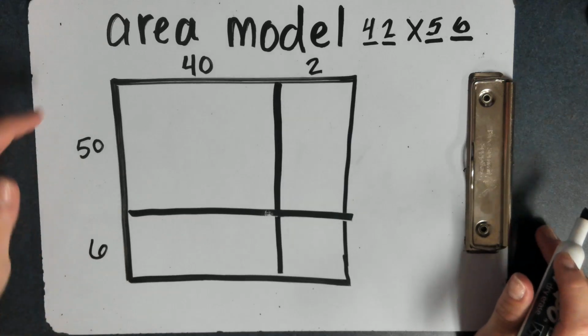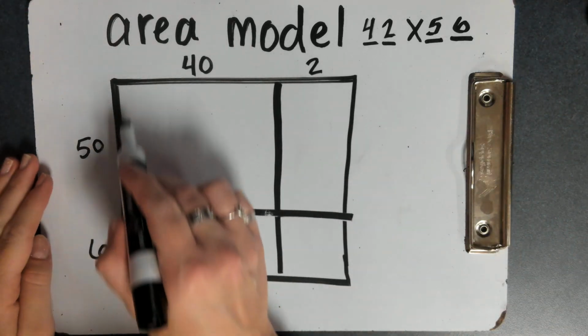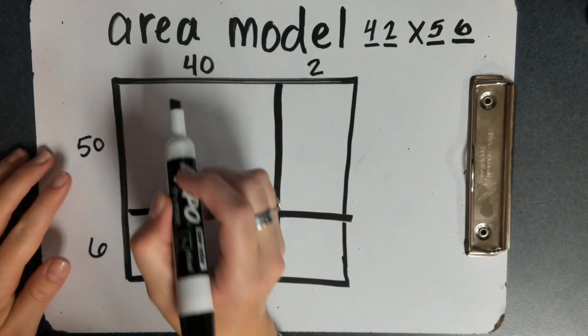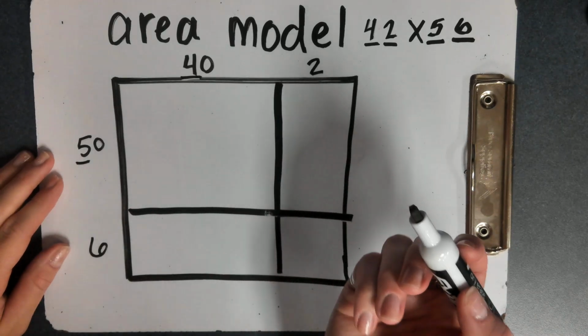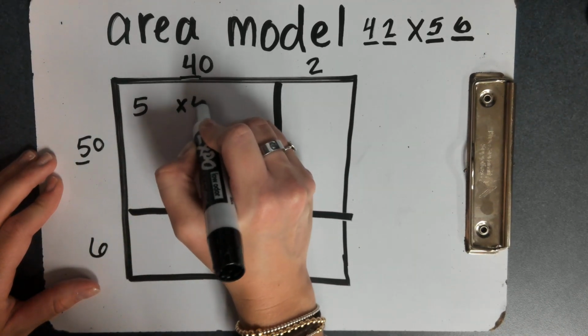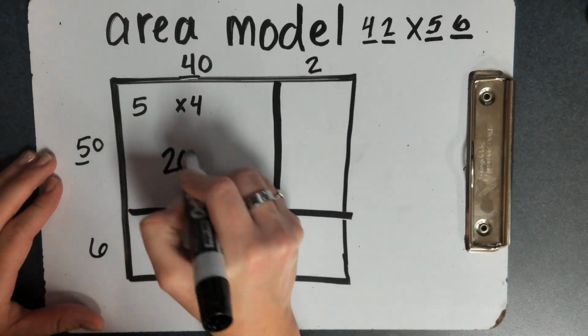Now, using area, or length times width, we find the area of each of these boxes. However, students aren't familiar with things like 50 times 40, but they are very familiar with 5 times 4. That's going to equal 20.